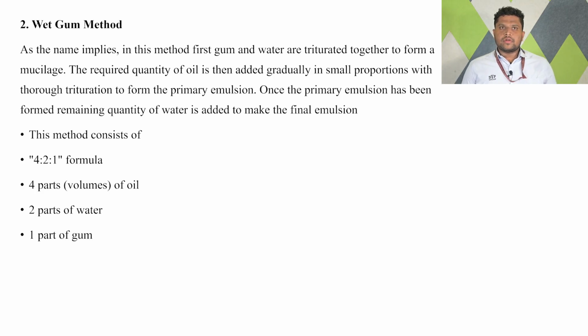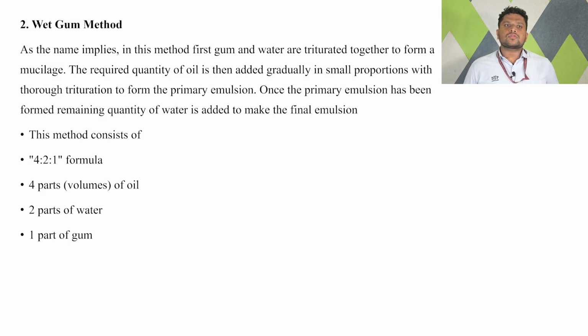Whenever you require water, you add a small quantity of water and triturate gradually in small portions, through the trituration forming the primary emulsion. Once the primary emulsion has been formed, the remaining quantity of water is added to make the final emulsion.